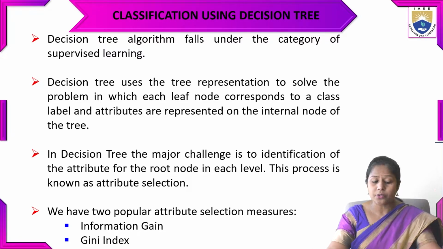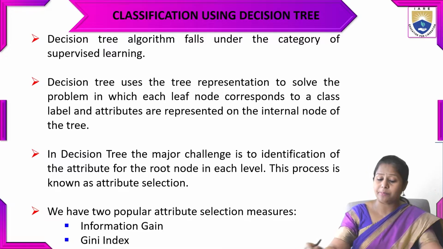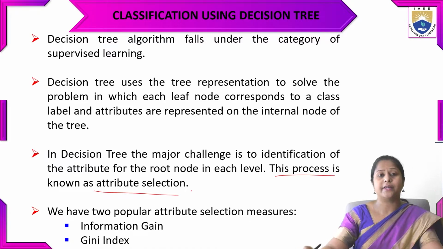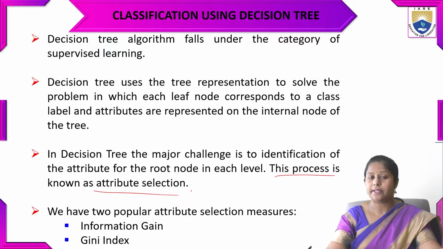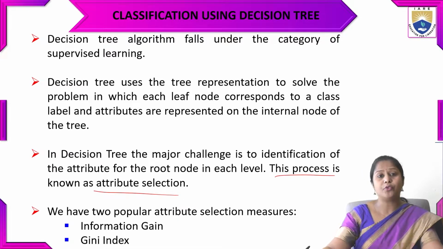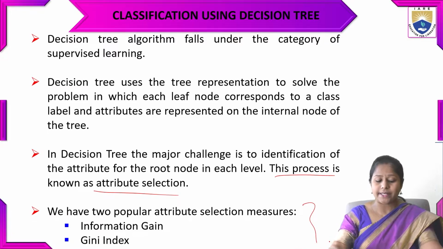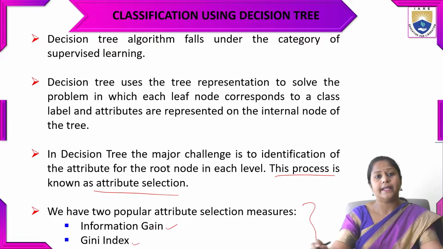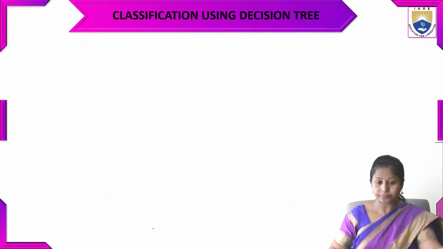The process of selecting these attributes is called attribute selection, and that procedure is very lengthy. We have two popular attribute selection measures: first is information gain, second is Gini Index.